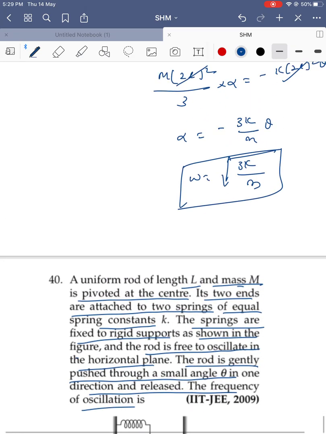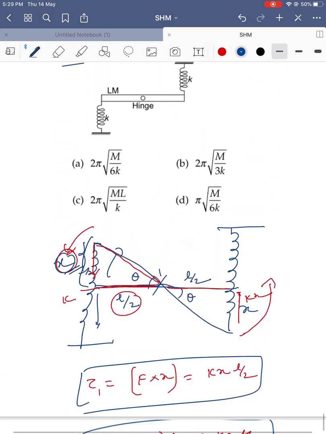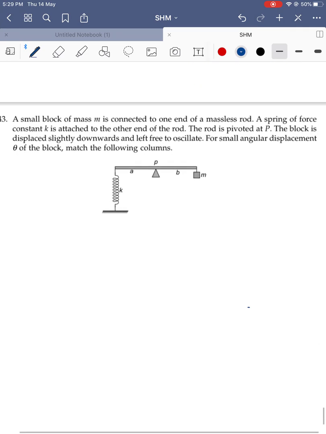One last question that is very important, which I was supposed to discuss first. A block of mass m is connected to one end of a massless rod and a spring of force constant k is attached to the other end of the rod. The rod is pivoted at P, displaced slightly downwards and left free to oscillate.